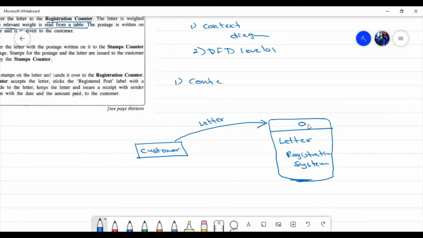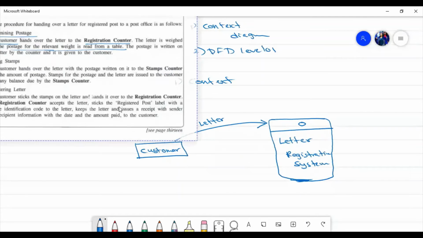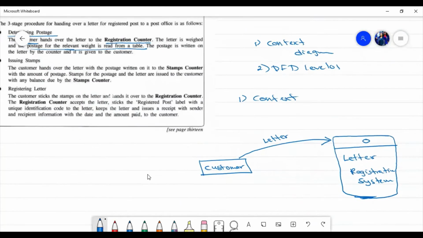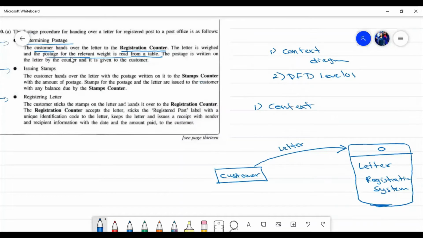I told you the context diagram is like a third-party view. A third party cannot see what is happening inside the system. Once we submit the letter, the inside functionality is not visible in the context diagram, so we are not bothering about those things. We don't know what is happening inside.